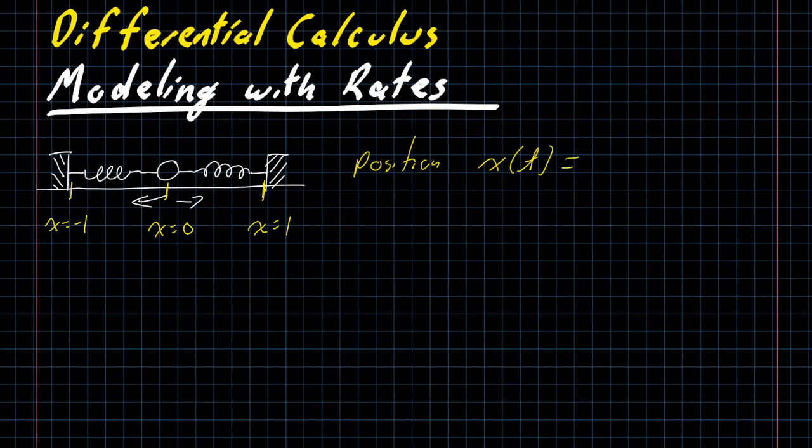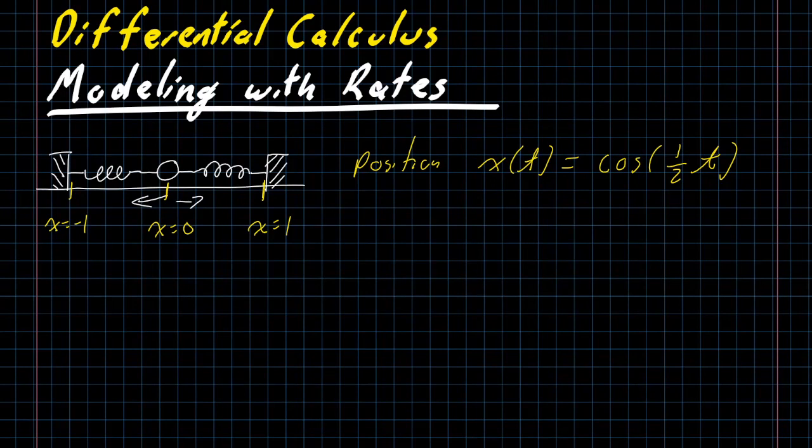And by some experimentation and some modeling, we figured out that the position x of t is given by cosine of 1/2 t.